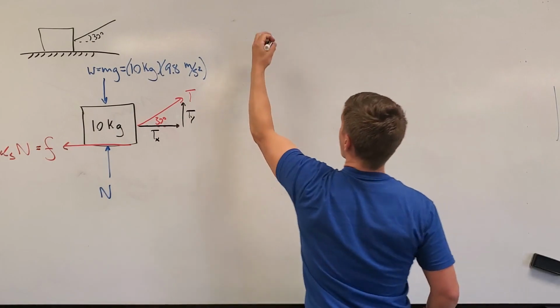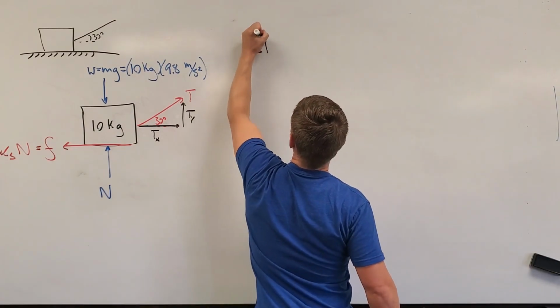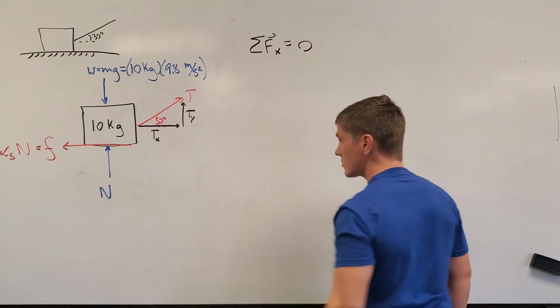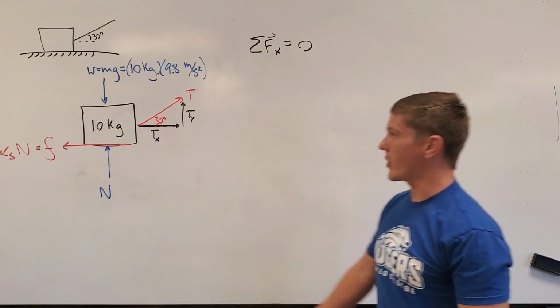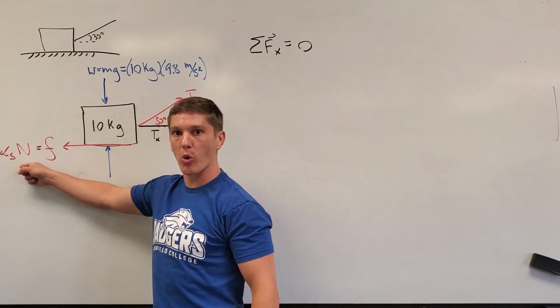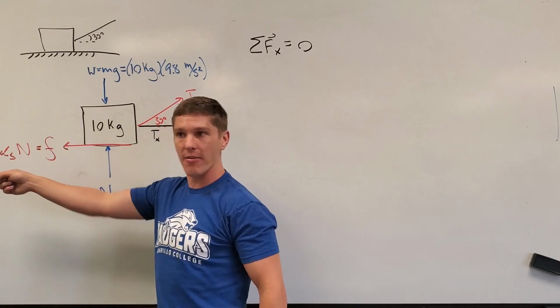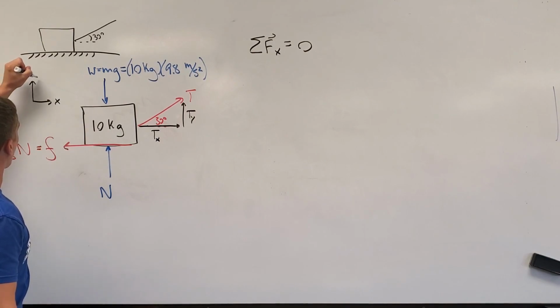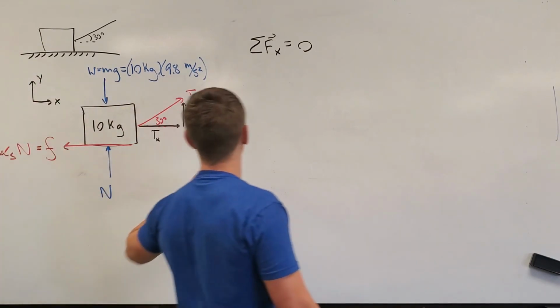So let's start with the sum of our forces acting in the x direction must be equal to 0. What do we have acting in the x direction? Well, we have our force of friction, which is our coefficient of static friction times our normal force acting to the left. And if I define my coordinate system to be a standard coordinate system with positive x to the right and positive y upwards, that is a negative value.